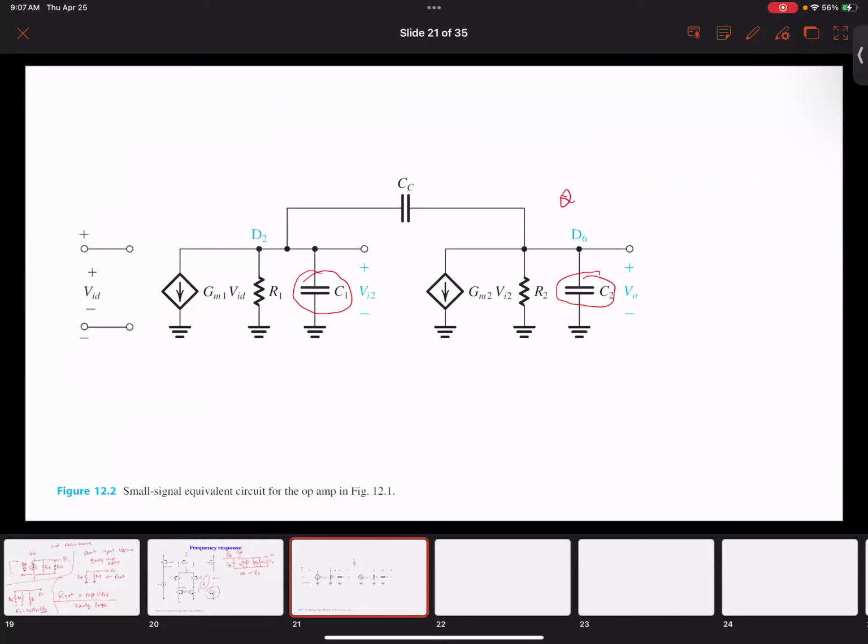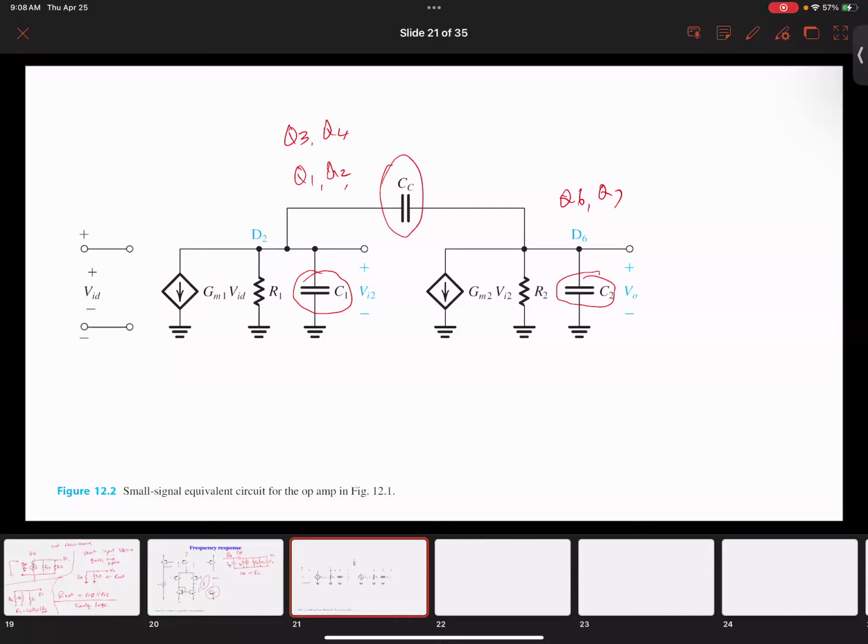So this is really Q6 and Q7, and this one will be Q1, Q2. Also, you have the Q3 and Q4 active load. Everything has an internal capacitance. And CC is in between stage 1 and stage 2, forming a little feedback. We're going to see more of this function later.